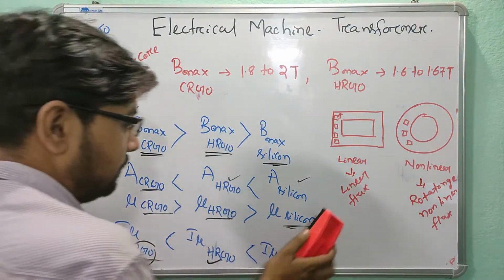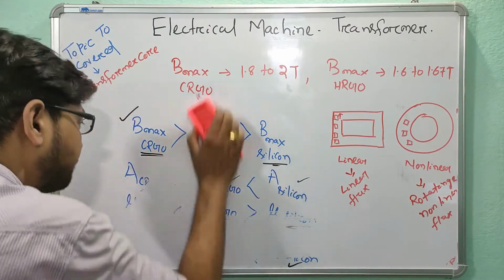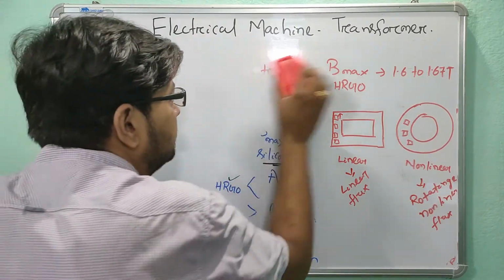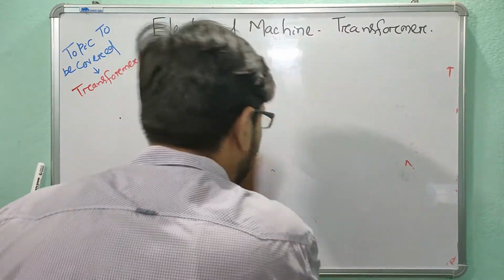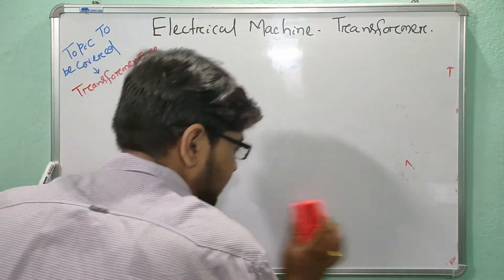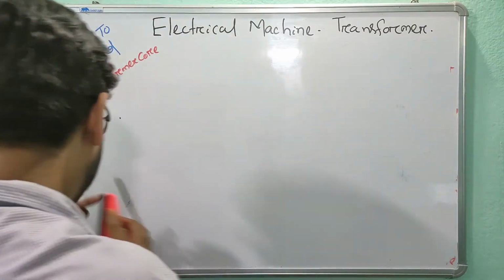Again we see the magnetization curve, that is the curve drawn between B and H. So what is my magnetization curve?